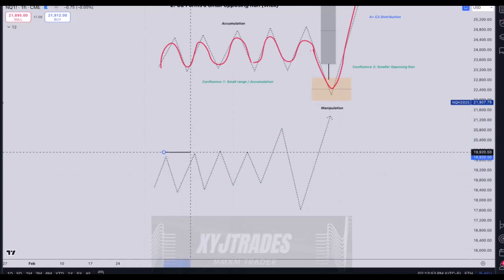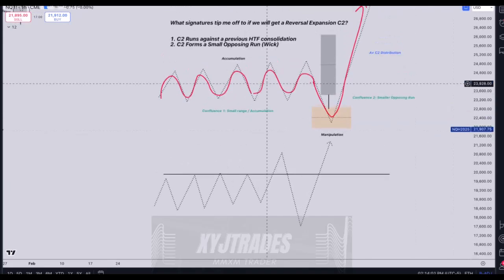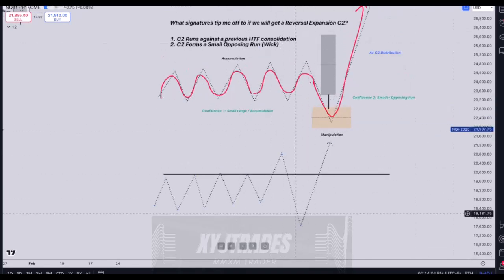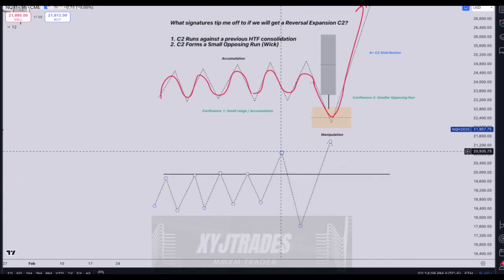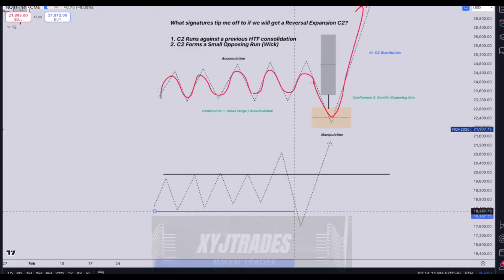The range high has already been purged, right? This is a double purge. And according to MXM Trader, sometimes double purges result in the most explosive moves because it takes out both sides of the market.